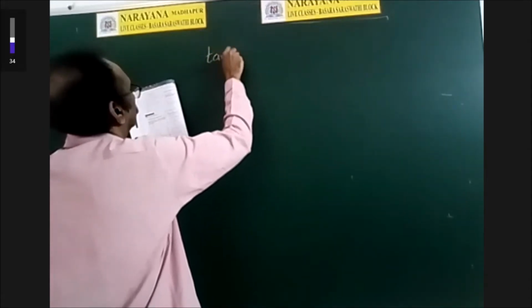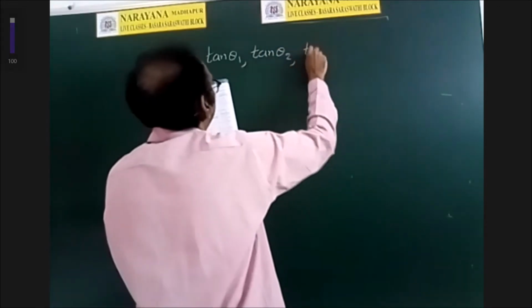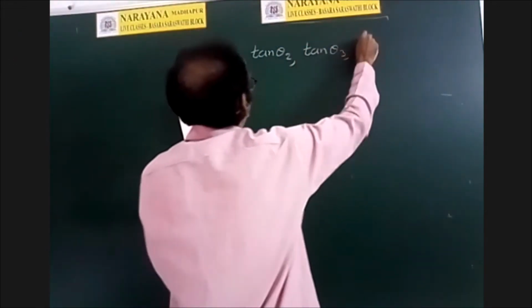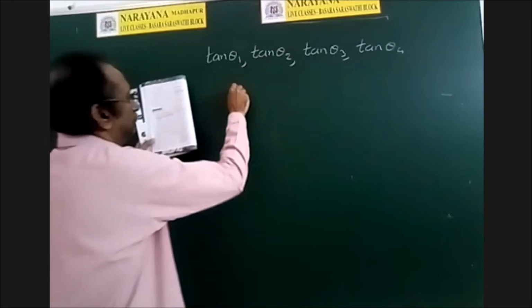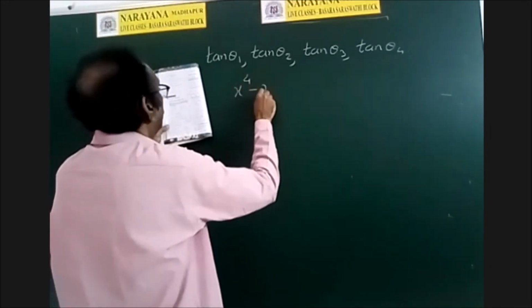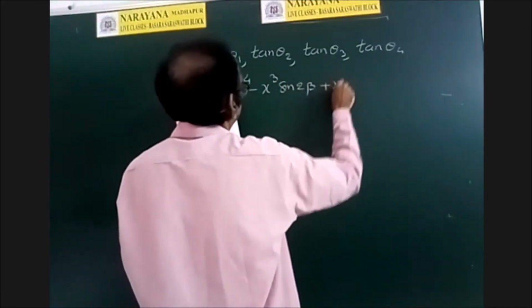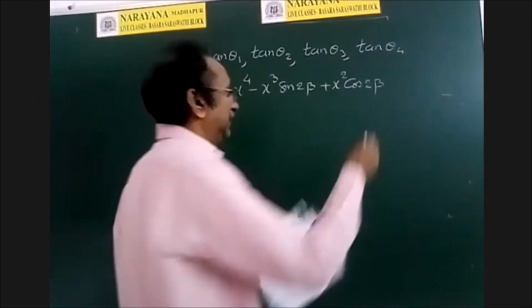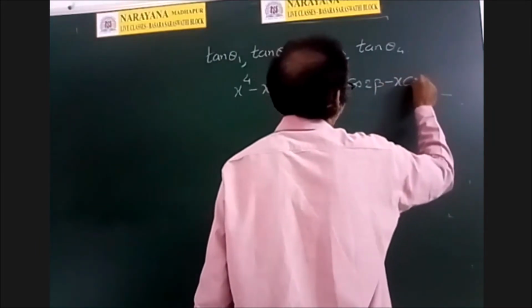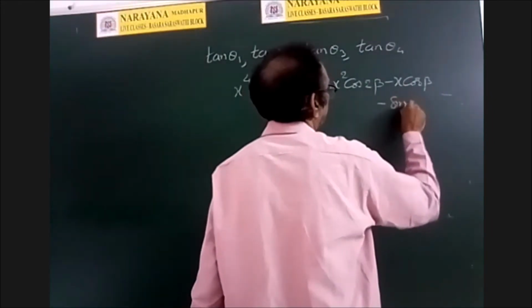So tan theta 1, tan theta 2, tan theta 3, tan theta 4 are the roots of the equation x power 4 minus x cube into sine 2 beta plus x square into cos 2 beta minus x cos beta minus sine beta is equal to 0.